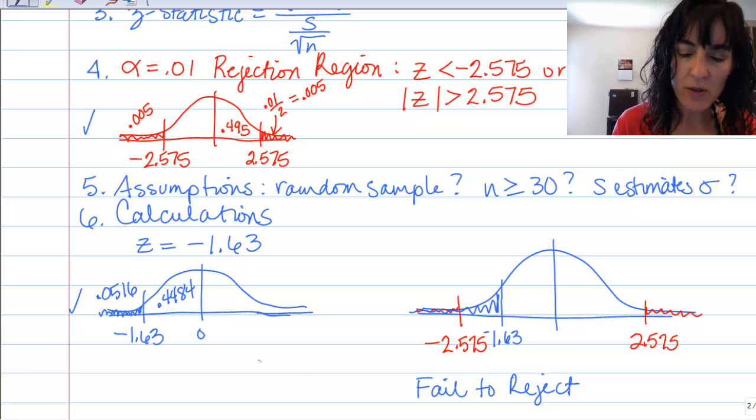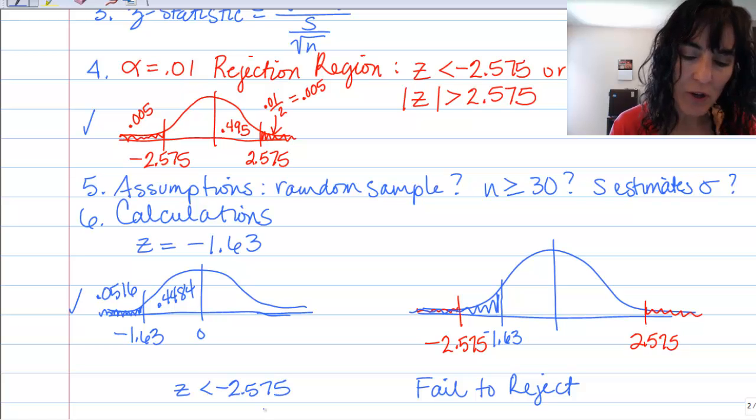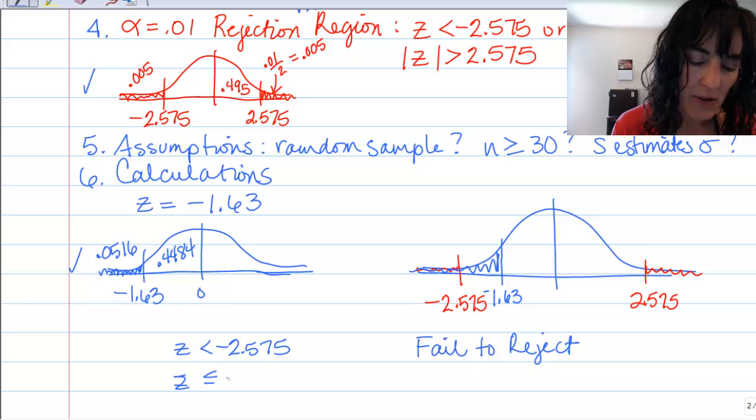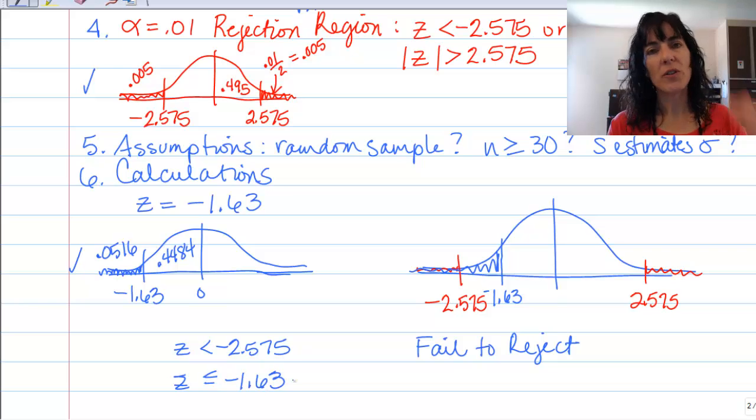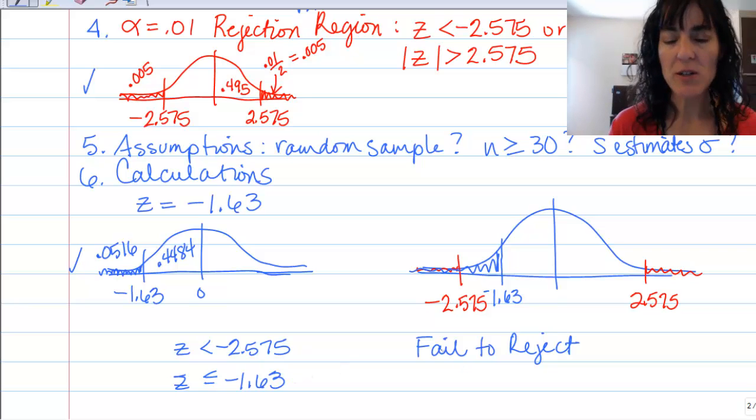And we can also look at our rejection region. We said if our z is less than negative 2.575, we could reject, and our z is actually negative 1.63, which is not smaller than negative 2.575. So again, fail to reject. So it's two different ways of looking at that.